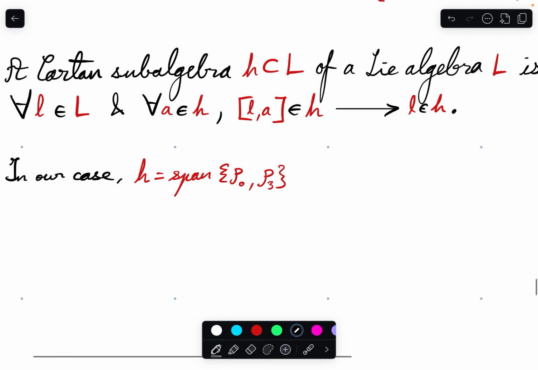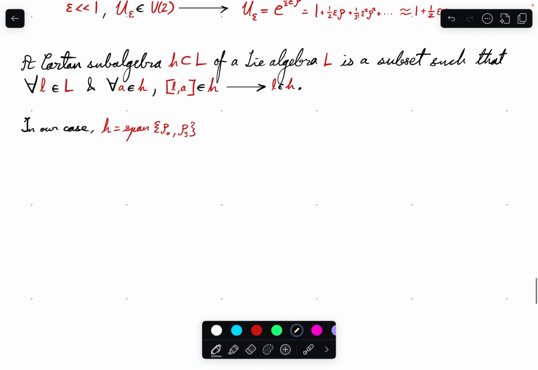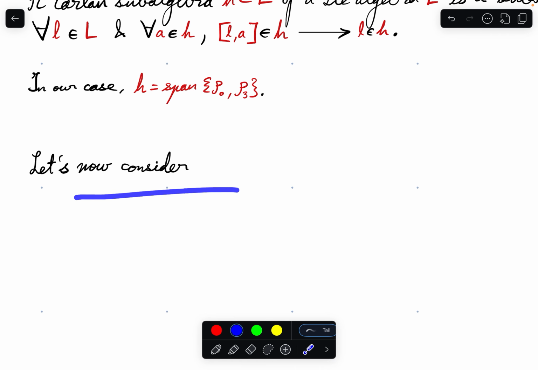So in our case, this is what H is. So now let's consider the infinitesimal rotation. So this will motivate why we use the commutator.